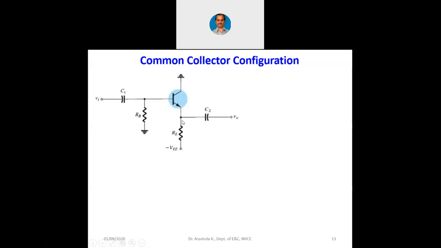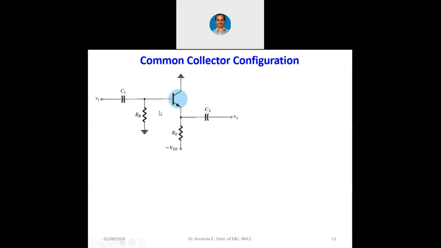Here, he has connected one resistance at the emitter, Re, and below which he has mentioned minus VEE. And he has shown the ground symbol at the collector. Now it simply means that negative terminal of the battery is connected at this point of Re and positive terminal of the battery is connected to the top side of the collector.